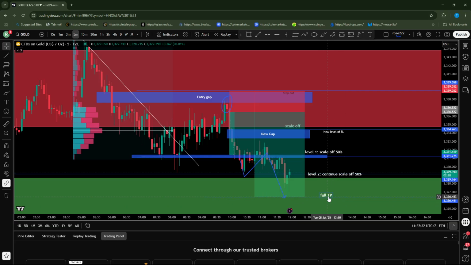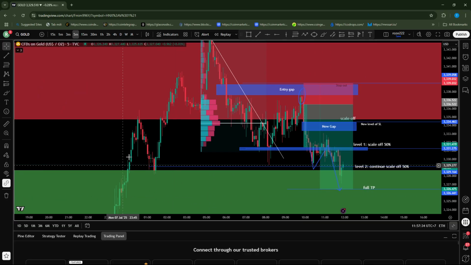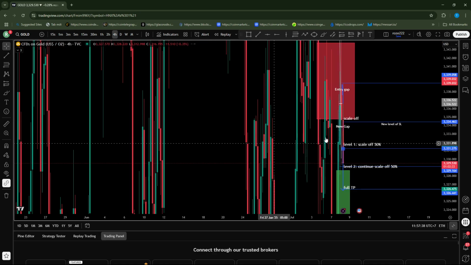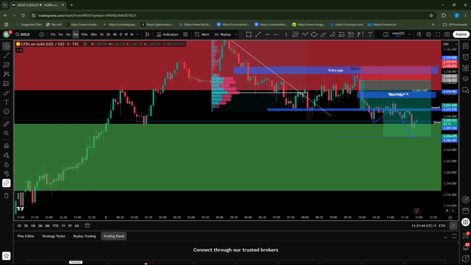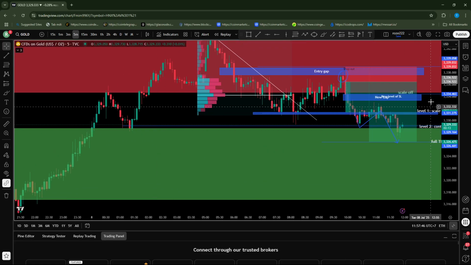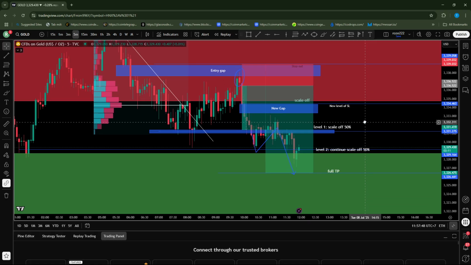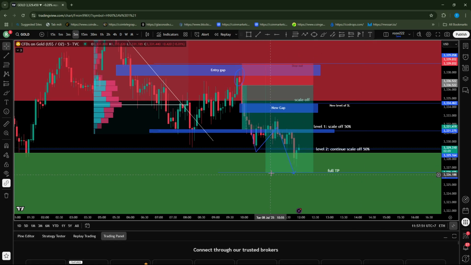The reason I want to full TP right here is that at this zone you can see a new bullish fair value gap on the H4, so I don't want to counter the trend. I just trade based on what I see on the screen, and I can capture around 10 price of the zone.